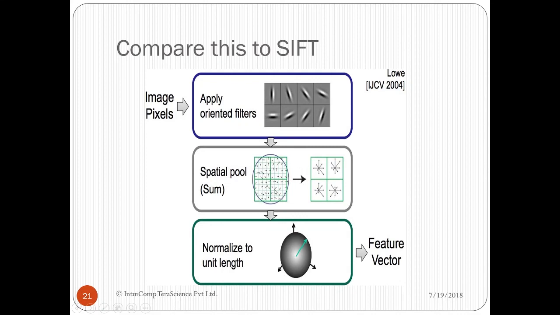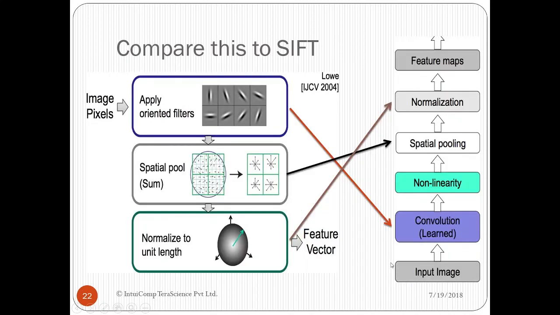This is normalized to unit length and this output is called the feature vector. Compare this to SIFT. You can see how SIFT compares to CNN modules. Instead of applying edges, our convolution learns features automatically. Spatial pooling and normalization layers remain relatively the same.